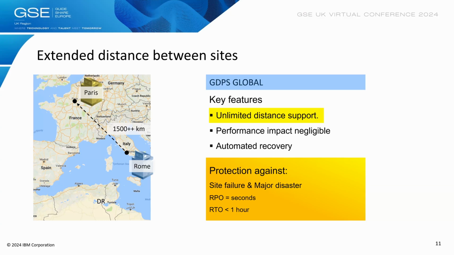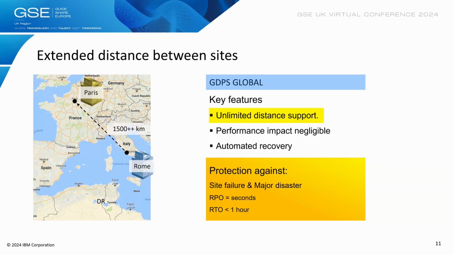And this is more a disaster recovery solution that provides automated procedures to restart production systems and application on a disaster recovery site in case of a failure on the primary, or if you need to do tests or DR exercise and so on. So this protects, again, complete site failure and major disaster that spread across an entire region.